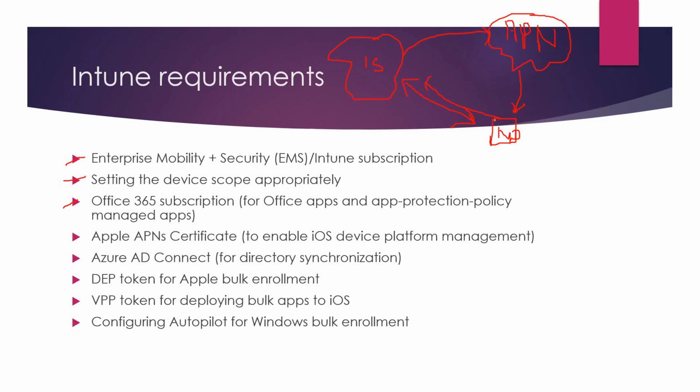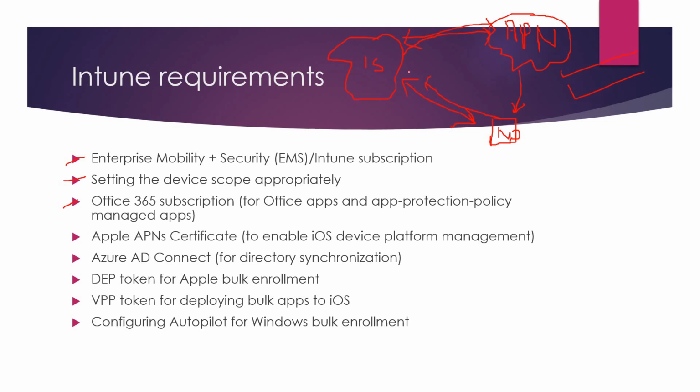So, in case we want to manage iOS devices in our environment, then there is this additional setup that needs to be done. That is setting up of APN. It's very easy. All we have to do is establish this trust between APN and Intune service.